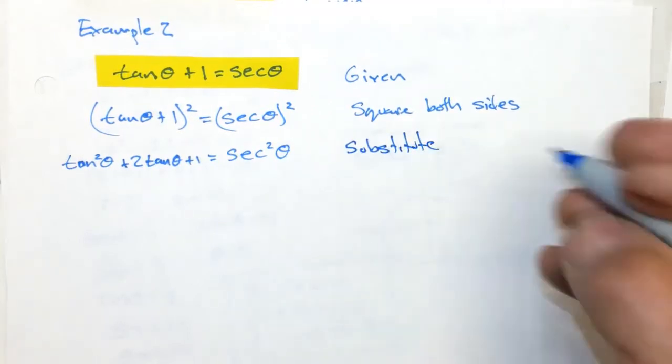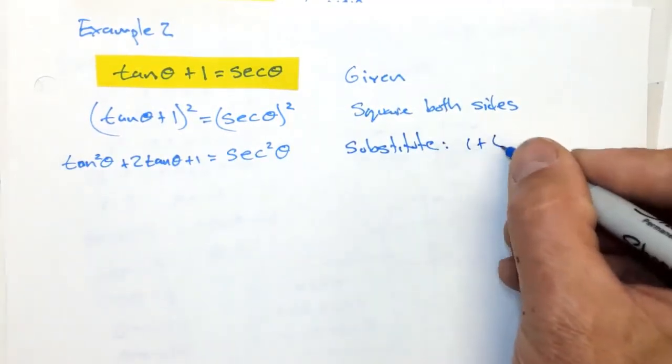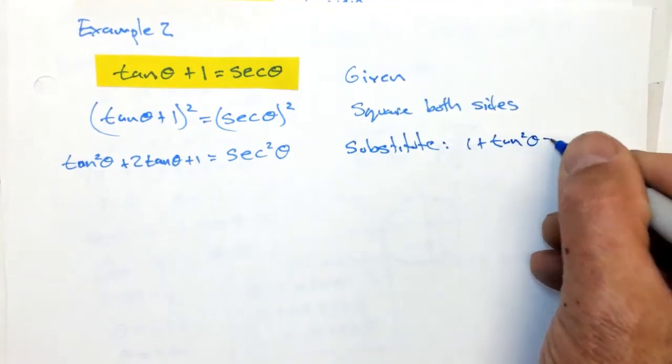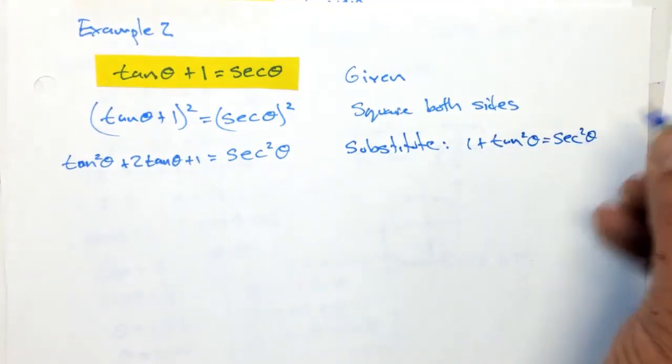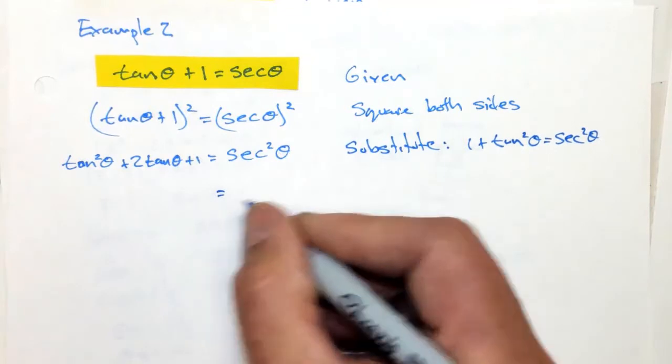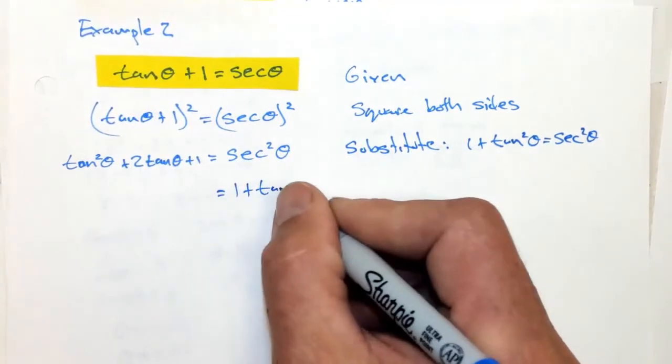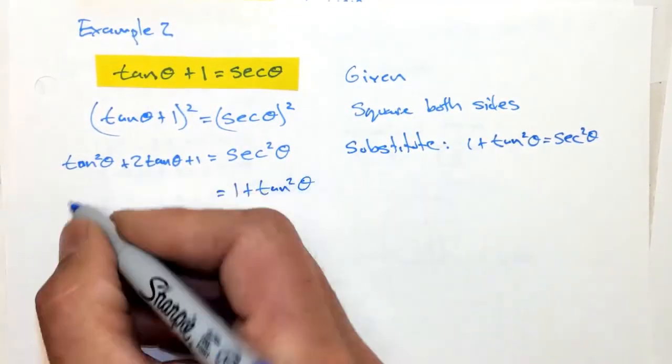And from my identities, I know that 1 plus the tangent squared theta equals the secant squared theta. So on the right-hand side, I'm going to plug in 1 plus the tangent squared theta.